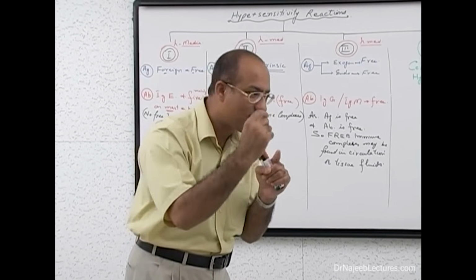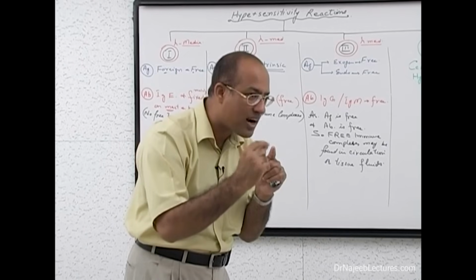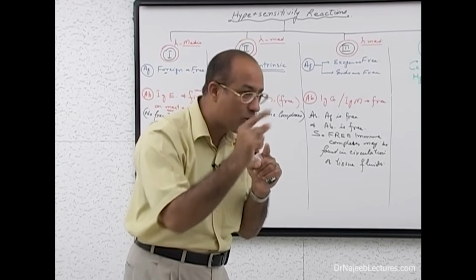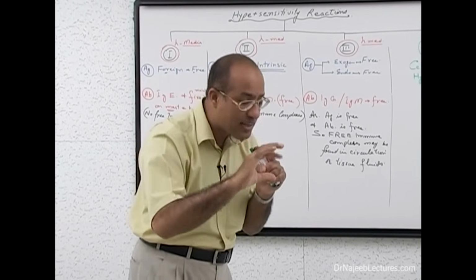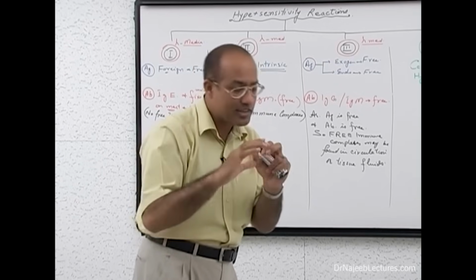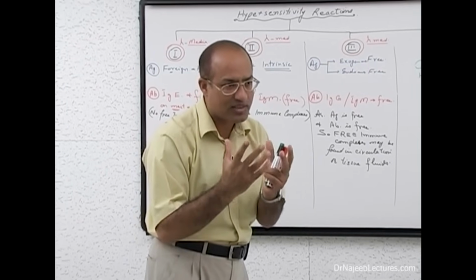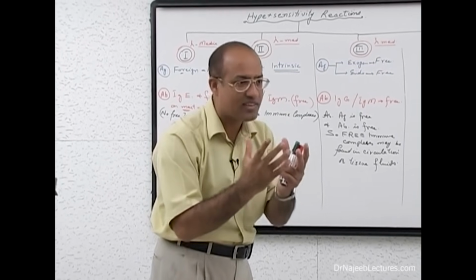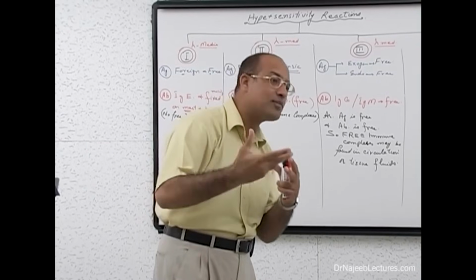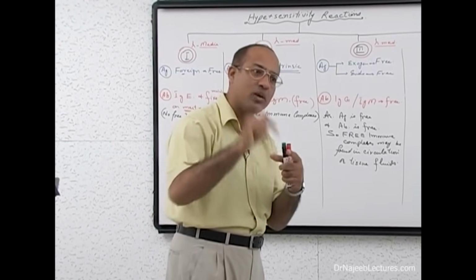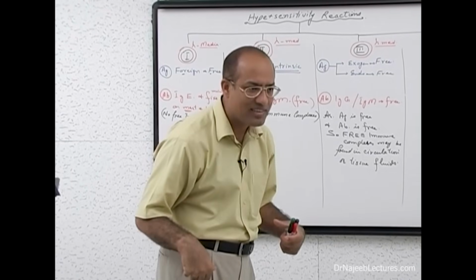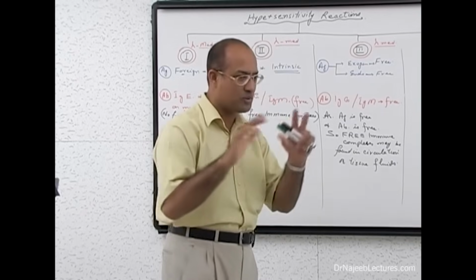What has the drug done? The drug fused some of its part with the antigens of your RBCs, so the antigens are modified, and against these modified antigens, which are your own intrinsic antigens, the immune system makes antibody, and now the immune system will attack only RBCs, not the rest of the body. Type 2. So now you really understand it.